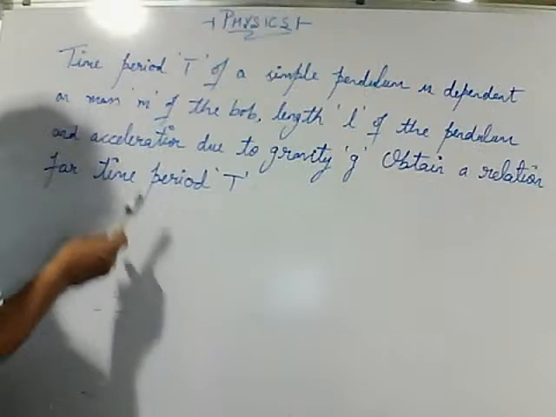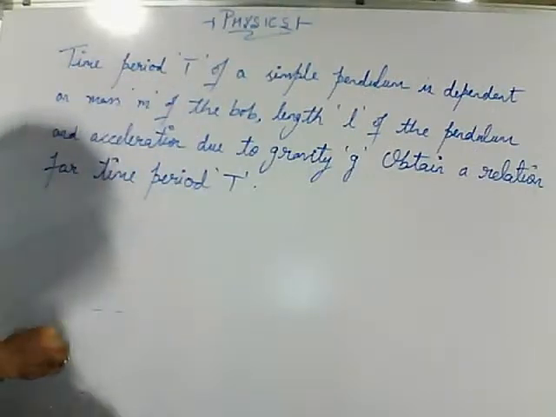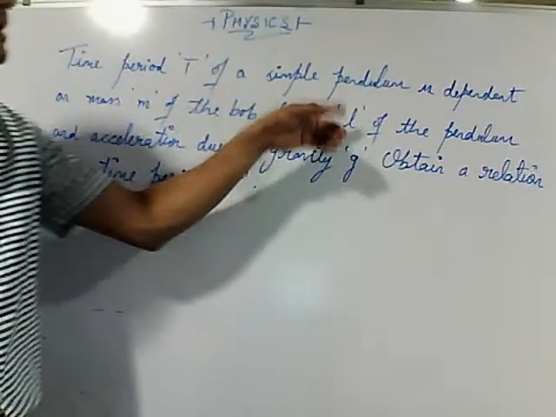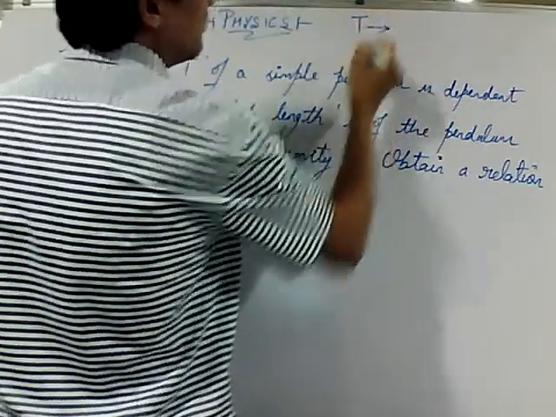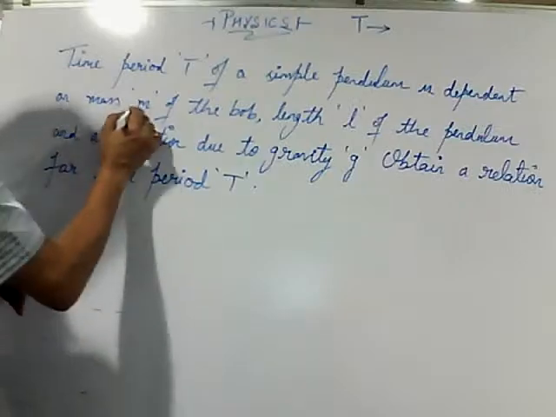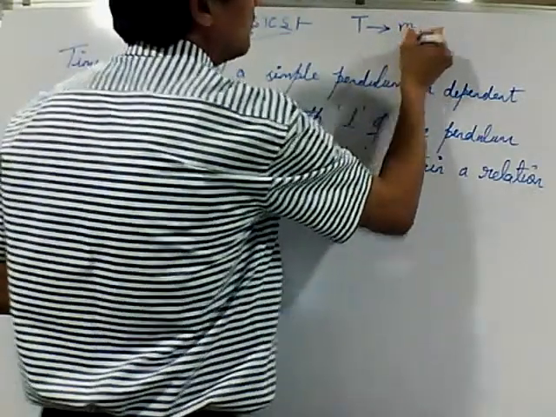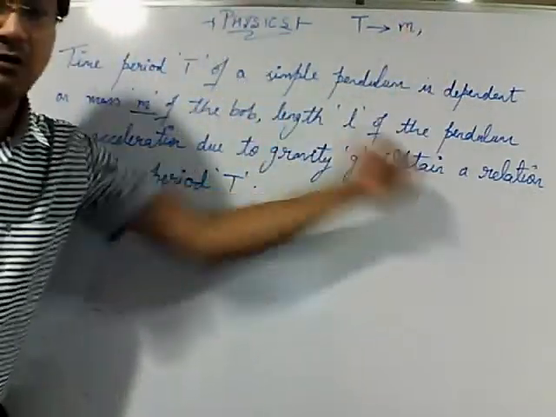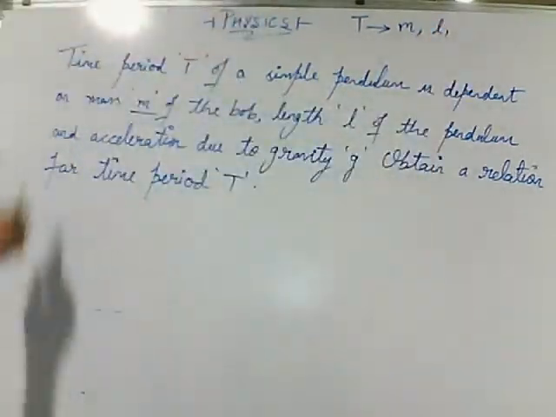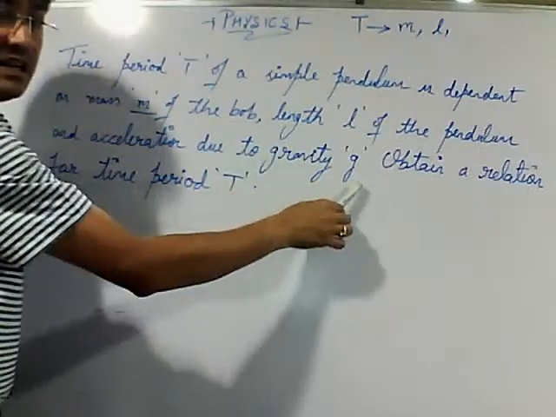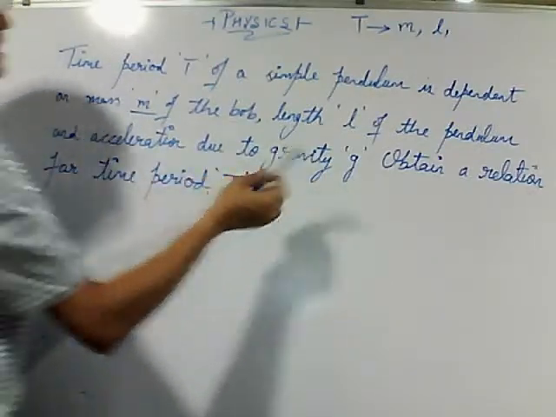of this kind. So time period T of a simple pendulum is dependent on mass m of the bob, length L of the pendulum, and acceleration due to gravity g.